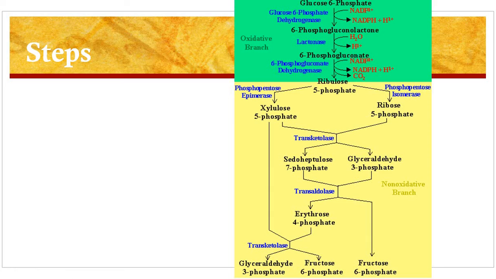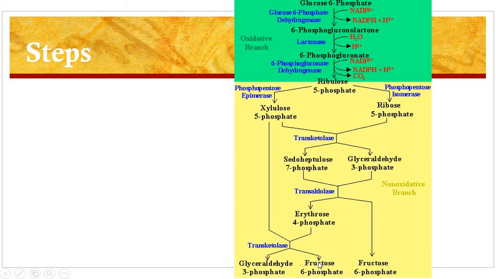The remaining 6 molecules of 5 carbon pentoses, this ribulose 5-phosphate, are interchanged to xylulose, ribose, sedoheptulose, glyceraldehyde. We can see that all over the steps there is a transfer of only different carbons to the different sugars. So these are interchanged in such a way that 5 molecules of glucose are regenerated.